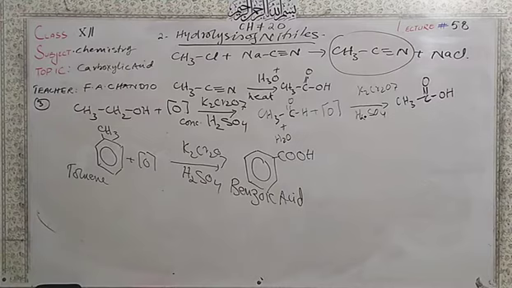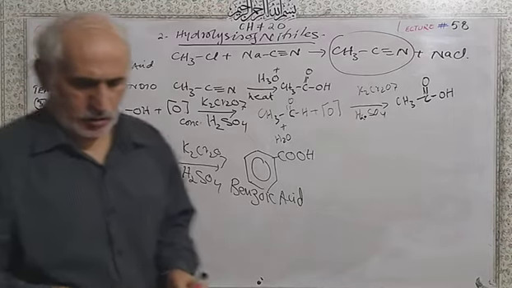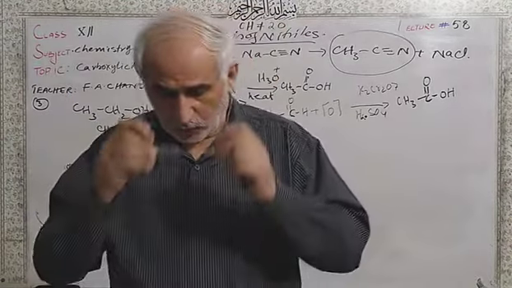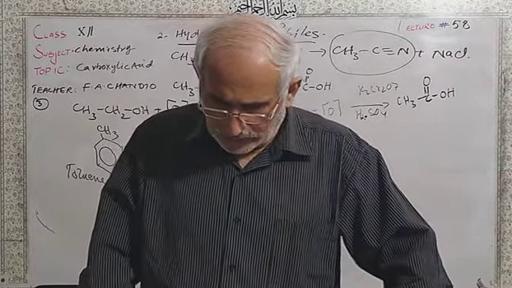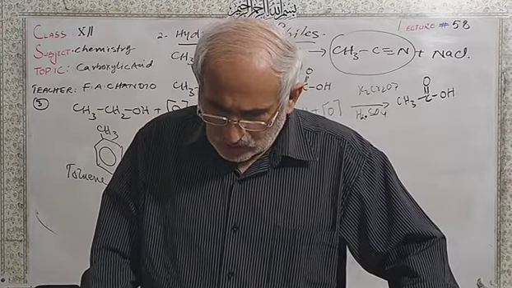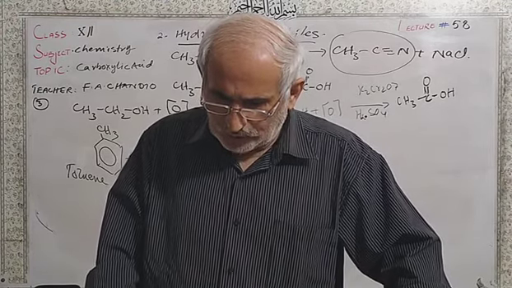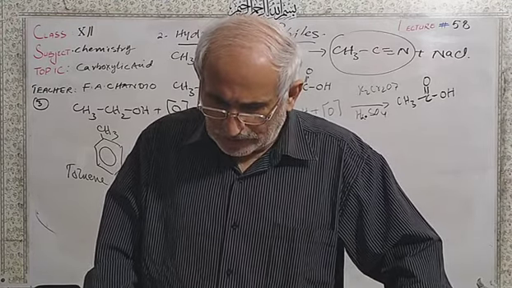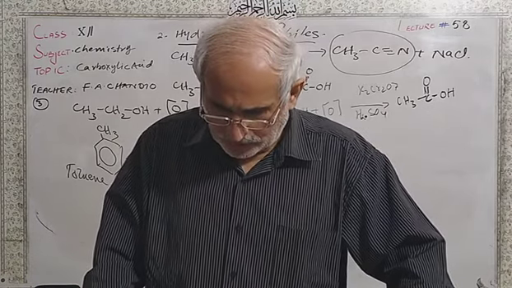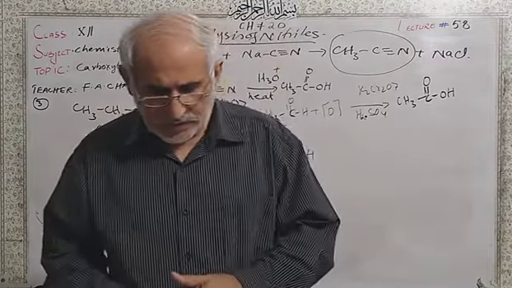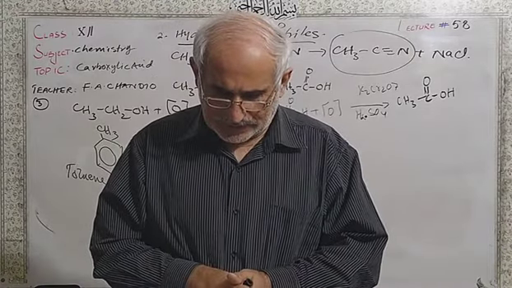This is benzoic acid. Toluene changes into benzoic acid. So again the carboxylic acid functional group is going to be formed here. So in your reduced syllabus, hydrolysis of nitriles, oxidation of primary alcohols review done, and oxidation of alkyl benzene also we did in the previous chapters. This is also review. So these are the methods for the preparation of carboxylic acid.